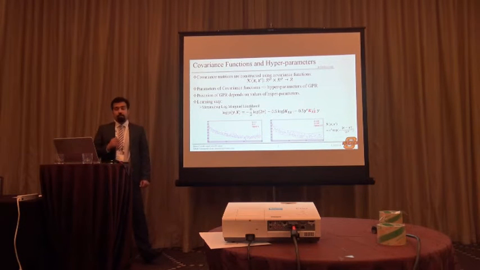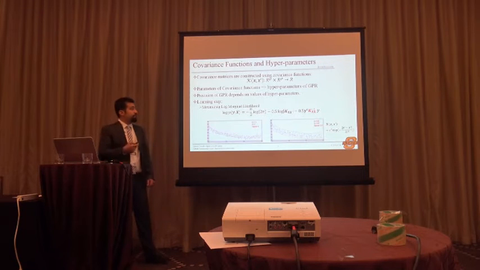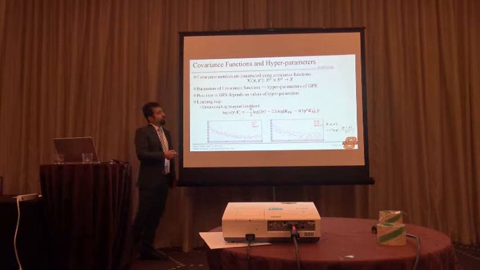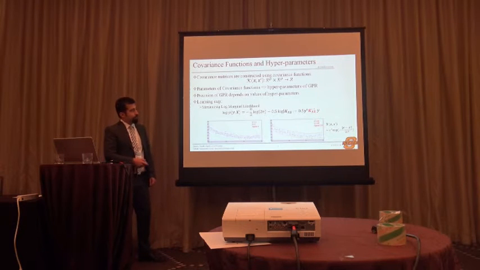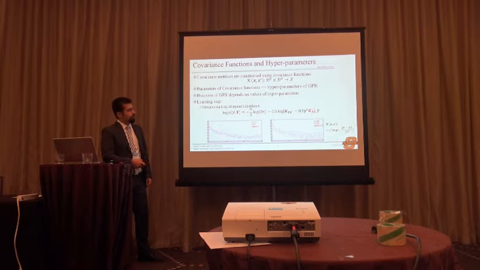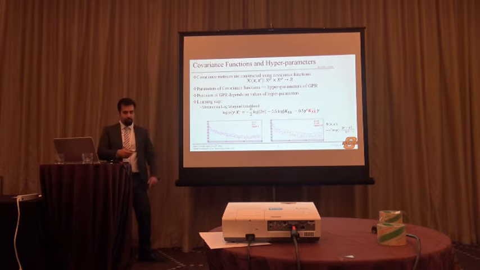The precision of our Gaussian process regression highly depends on the values of these hyperparameters, and we estimate these values by maximizing the marginal likelihood, this function like this. For example, here we use a squared exponential function, before and after training the hyperparameters.